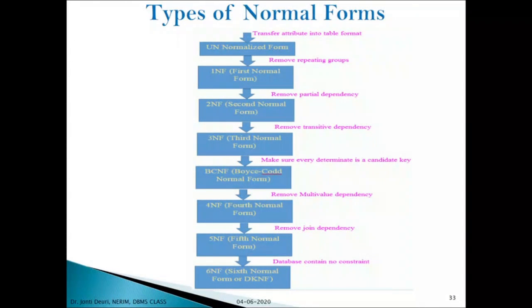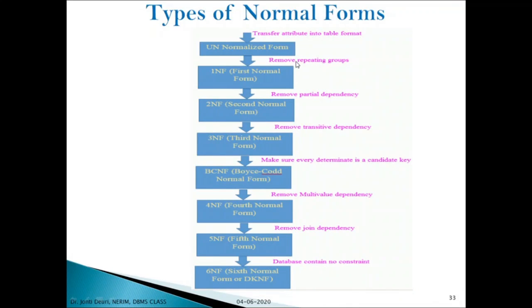That means multiple values it will not allow, like in one column must have only one value only. So sometimes we are having 2-3 mobile numbers, but we cannot write 2 mobile numbers in the same column in the same row. If the repetition is not there, then it will be in the first normal form.